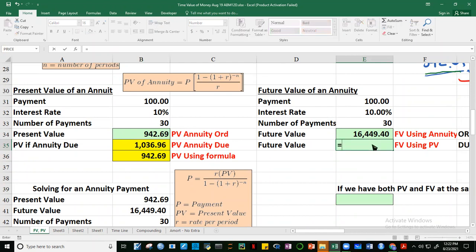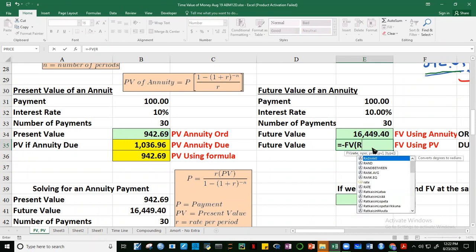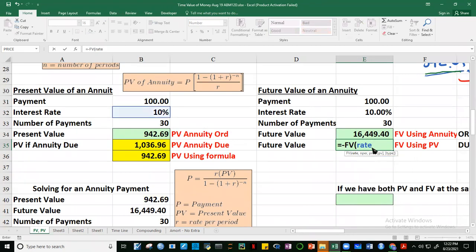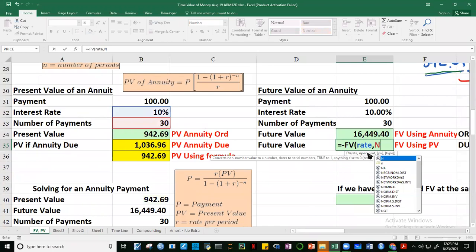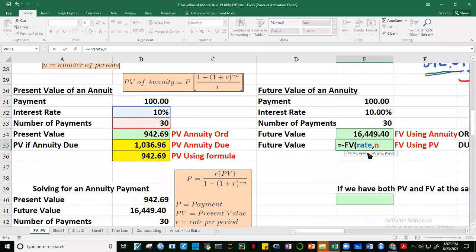That's why, guys, if we compute for the future value using yung present value na 942.69 and not the annuity, tingnan natin ha, negative FV, okay, ano yung rate natin? Rate natin is that 10%, comma, N per natin is also 30, so N, yung small n, comma, we're not going to use the PMT, we're going to use the present value.